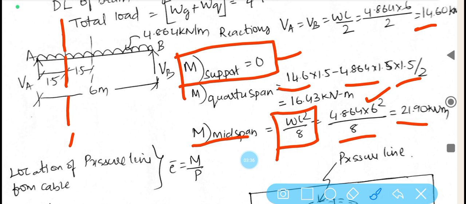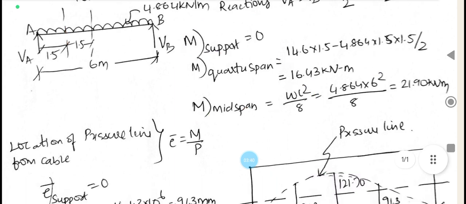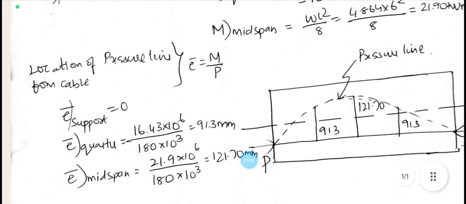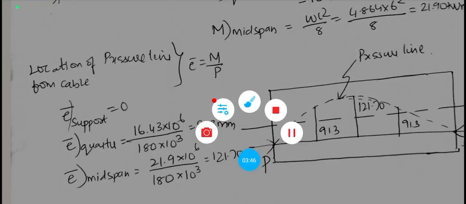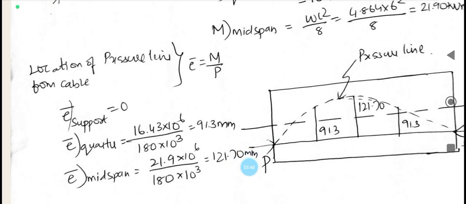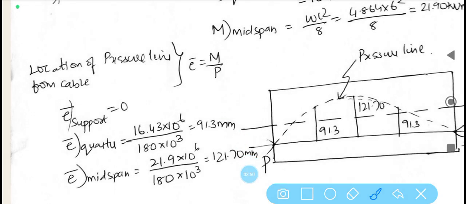And next part of the problem is determining the location of the pressure line. So the pressure line can be calculated in the case of the straight cable as was shown in the expression. The location of the pressure line is simply calculated as e bar is equal to M by P, where M is the bending moment, P is nothing but the pre-stressing force.